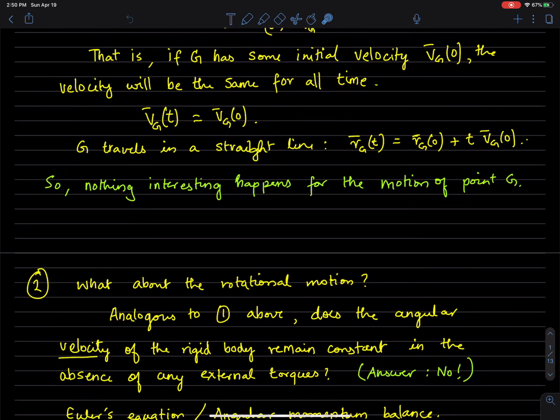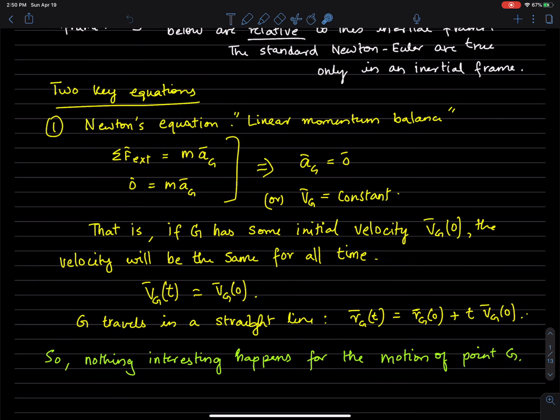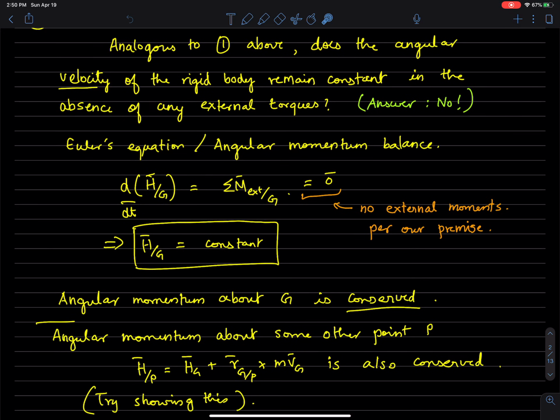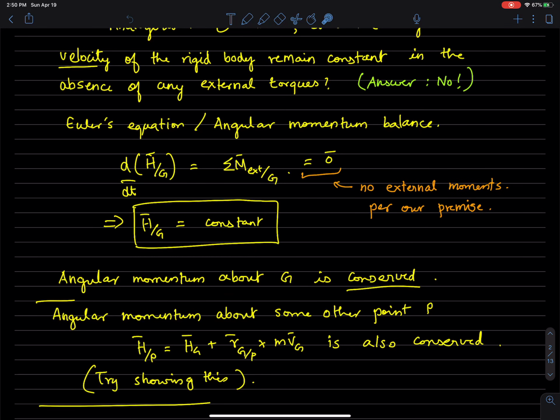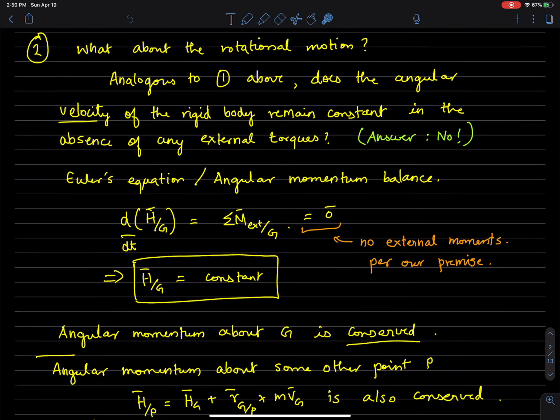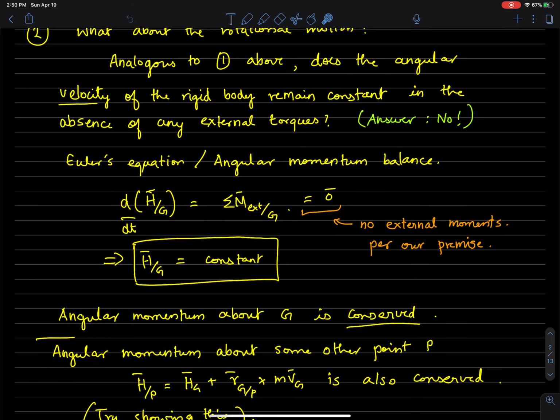So the rotational motion of a rigid body is not actually that analogous to the translational motion of a rigid body. This is the analogous equation though. The rate of change of angular momentum about point G, d by dt of H_G, equals the sum of moments about G. That's the so-called angular momentum balance equation or Euler's equation.